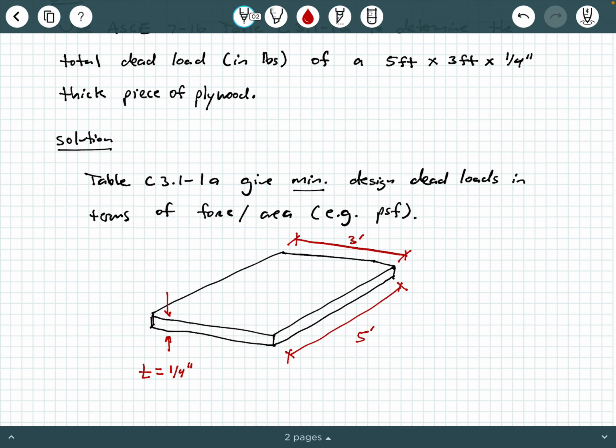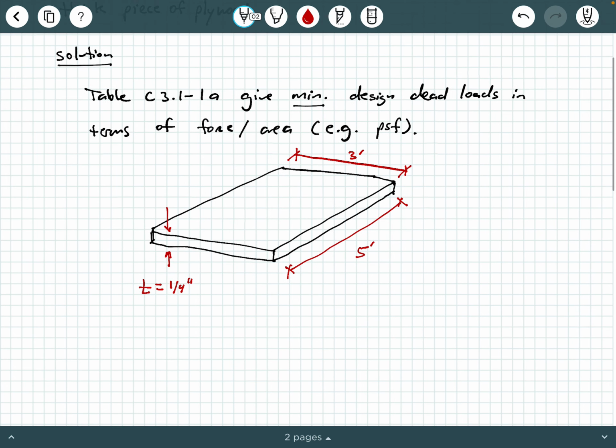So let's go to that table, C3.1-1A of ASCE 7-16. On my copy it's page 426, a little bit past halfway down the page.